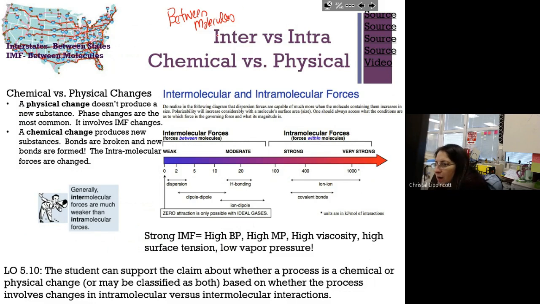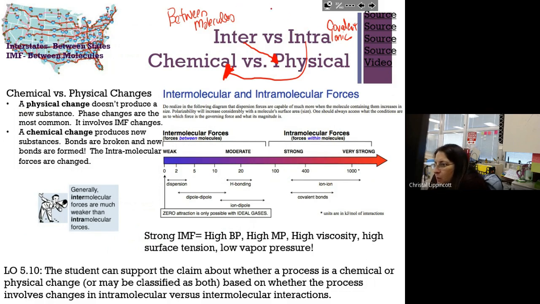When we break these intermolecular forces, we have a physical change occur. If you break intramolecular forces, then you have a chemical change. These are your covalent and ionic bonds. These are within a molecule.